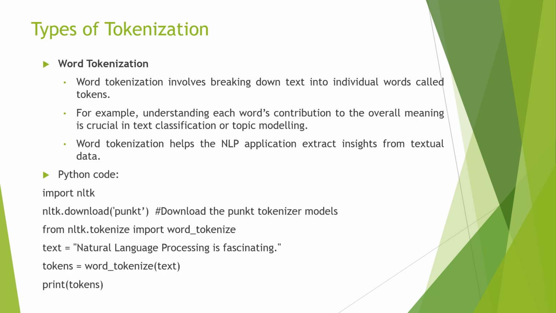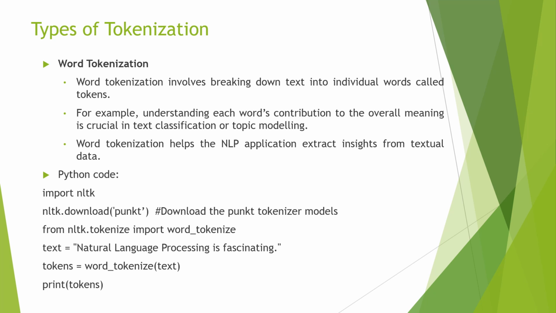Now we will discuss types of tokenization. There are four types of tokenization: word tokenization, sentence tokenization, character tokenization, and subword tokenization. First, let's start with word tokenization. In this process, the given text data is split into individual words.